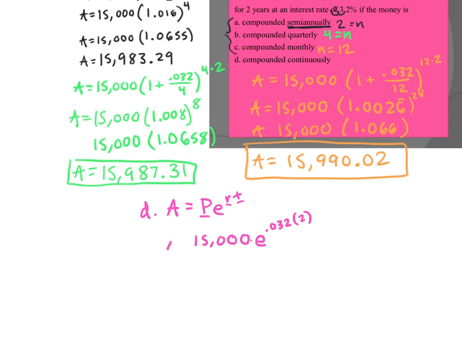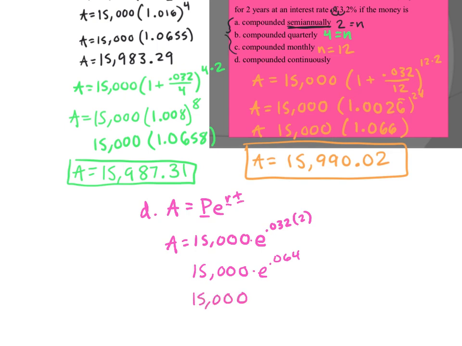So what's the first thing we have to do here? Multiply the exponents. So we have 0.032 times 2. So this is 15,000 times e raised to the power of 0.064. Now what do I do? You do e to the power of 0.064. Awesome.